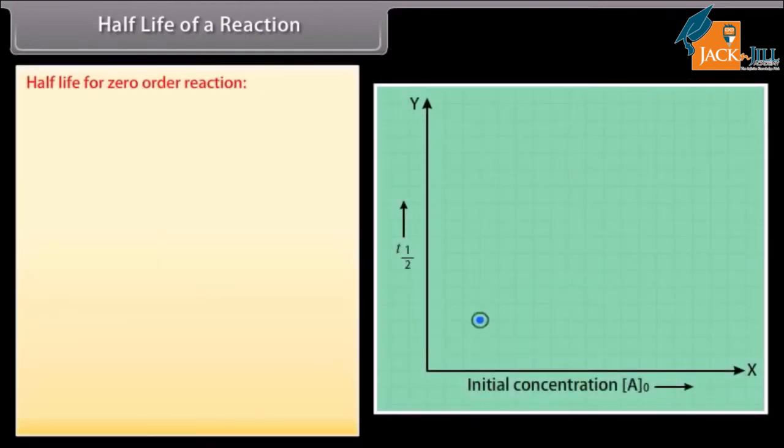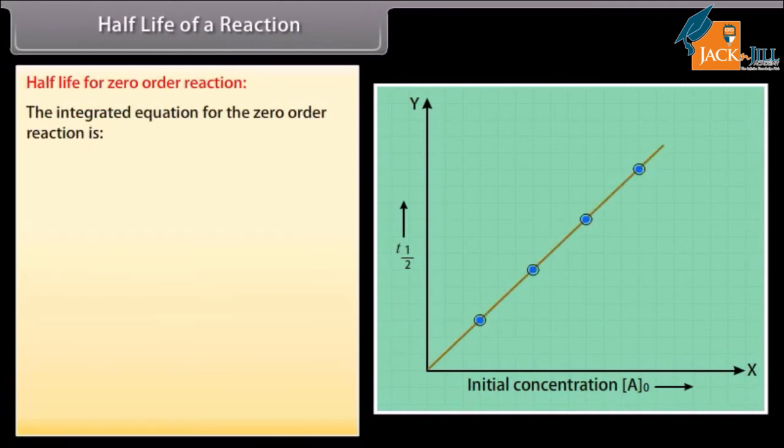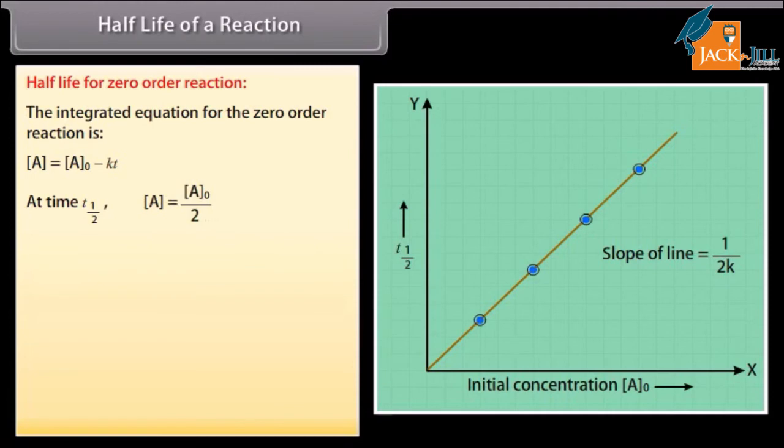Half-life for zero-order reaction. The integrated equation for the zero-order reaction is A is equal to A naught minus Kt. At time t half, A is equal to A naught by 2, or A naught by 2 is equal to A naught minus K t half, or K t half is equal to A naught by 2.